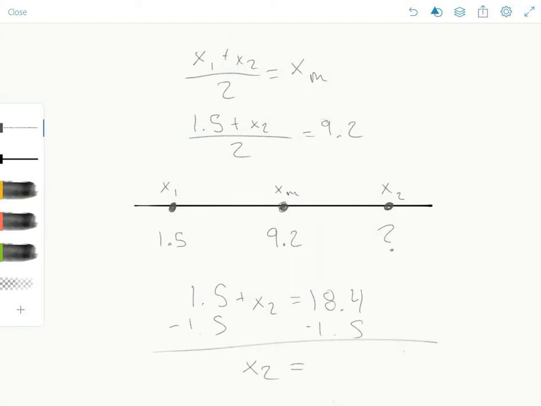X sub 2 equals 16.9. So the final answer, the value of the other end here is 16.9. And this is the circumstance where you're given the midpoint right here and asked to determine one of the endpoints.